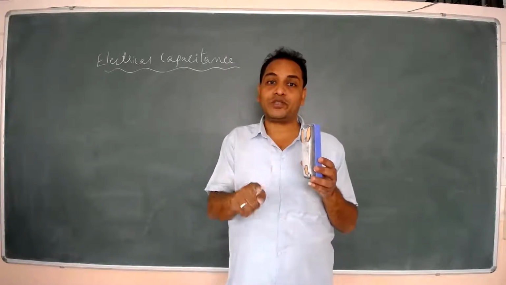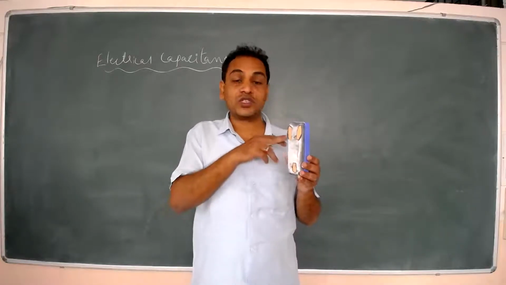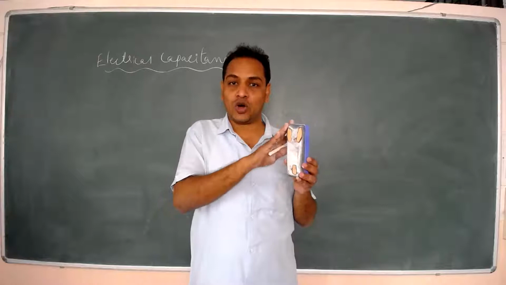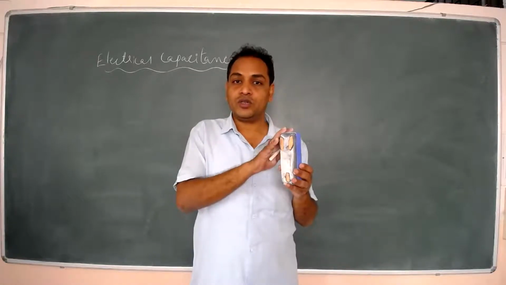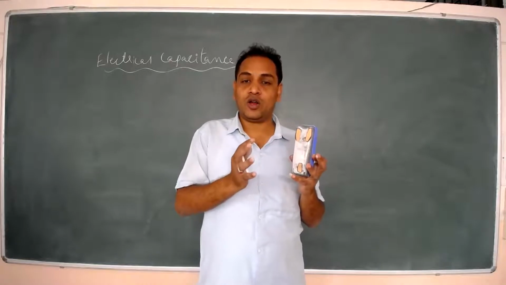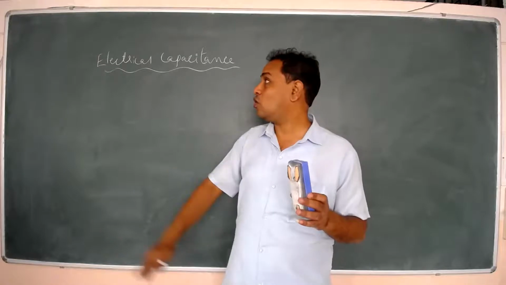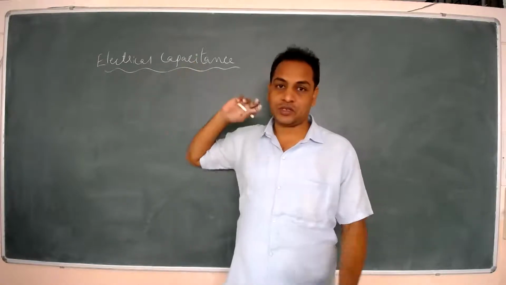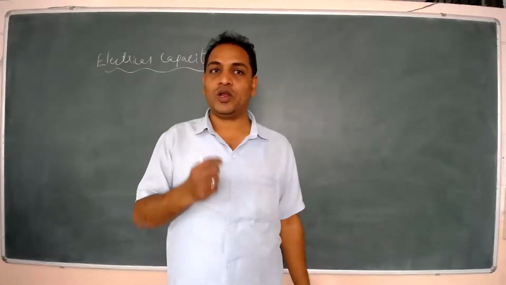So the electrical capacitance of this conductor is the ability of this conductor to hold a charge on it or to store electrical energy on it. How much electrical energy or charge can be stored by this conductor is called electrical capacitance. Okay, so to better understand this, let us have a small example.